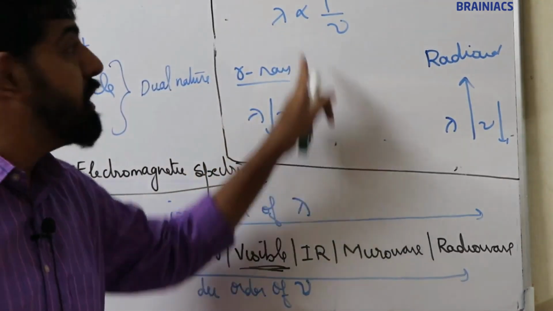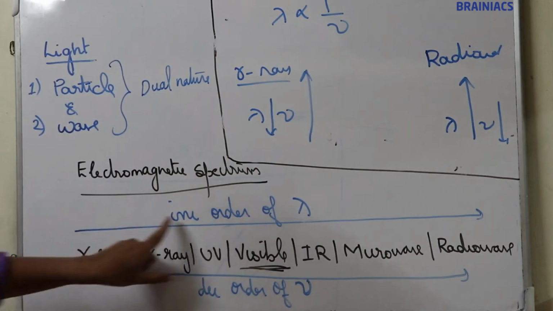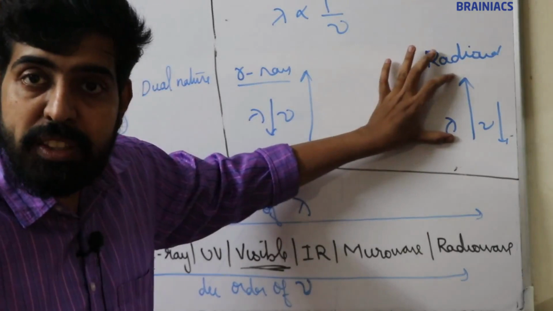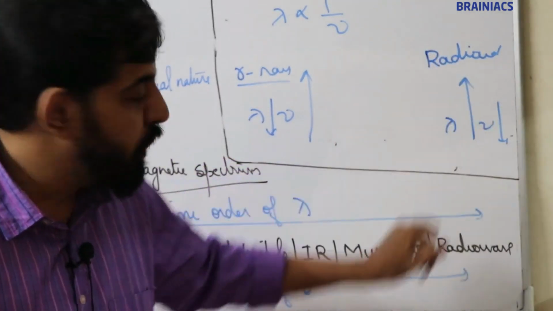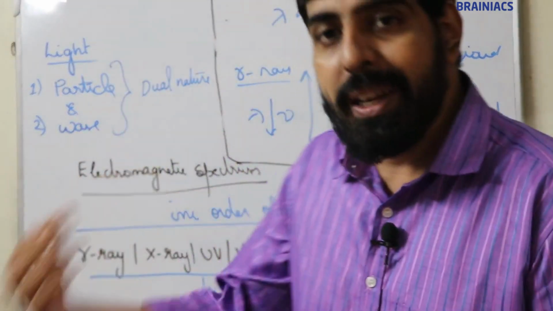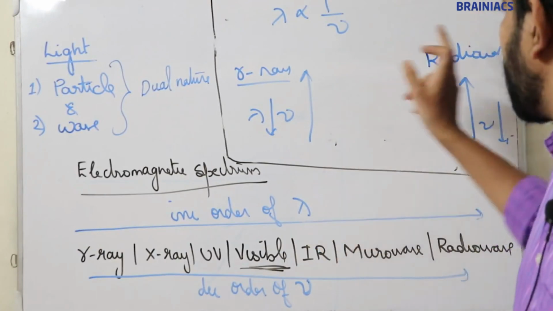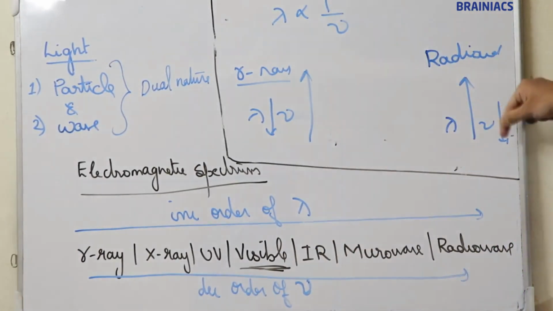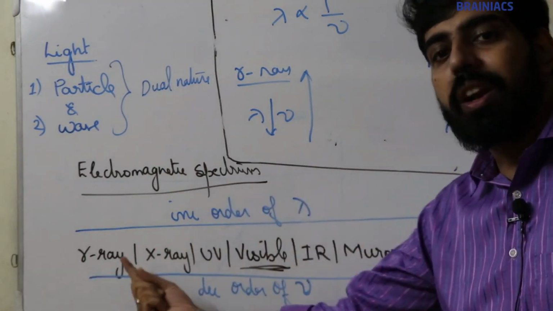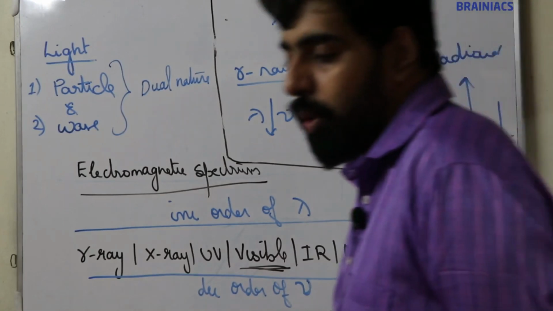That's why we write increasing order of wavelength or decreasing order of frequency. Radio has maximum wavelength and minimum frequency. This is known as the electromagnetic spectrum.